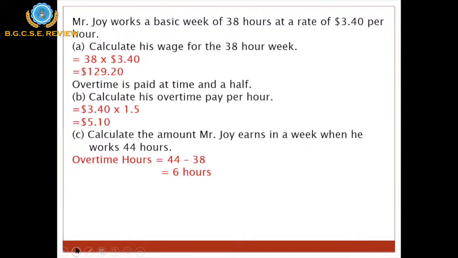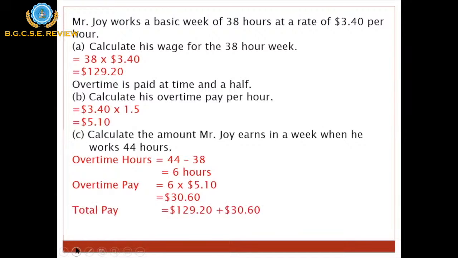To determine how much money he's going to get paid for those 6 hours, I multiply by $5.10, which gives me a total of $30.60. My total pay is going to be $129.20 plus $30.60, which is $159.80.